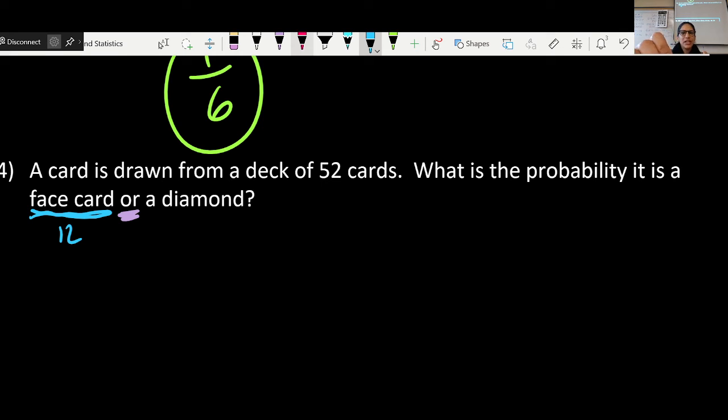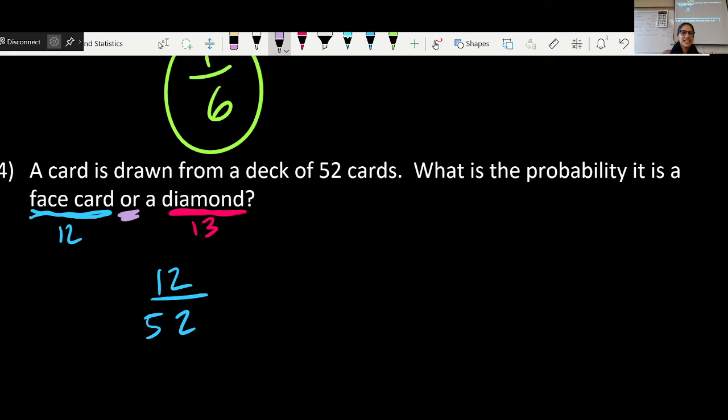And then the other thing we need to figure out is how many diamonds are there in a deck of cards? 13. Right? There's 13 diamonds, there's 13 spades, remember all that stuff? Okay. If it's saying or, if we want the probability of this happening, well, if I only asked for face cards, what would I say? 12 out of 52.